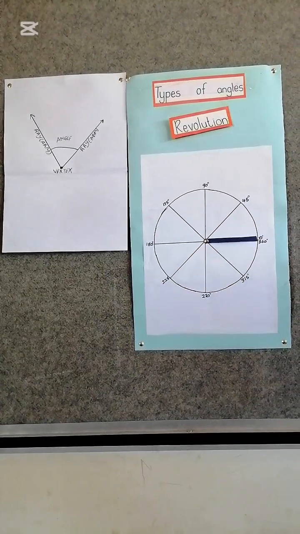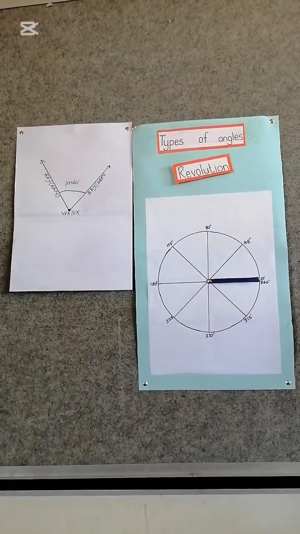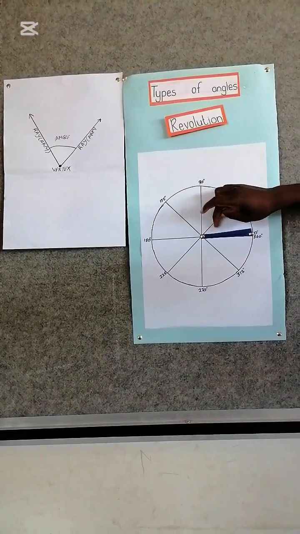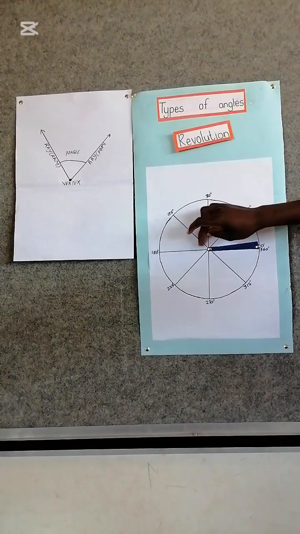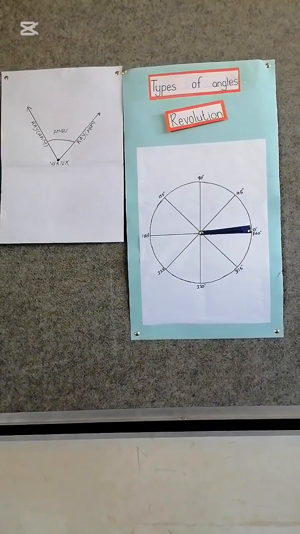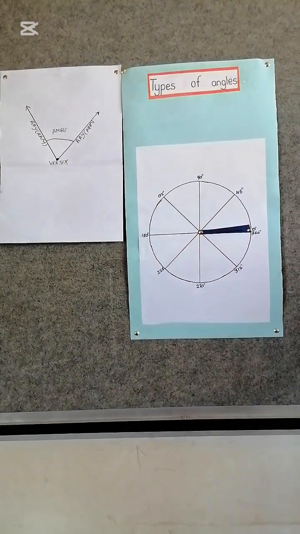To show that it's an angle that is equal to 360, we also have to demonstrate it by a line here. So that is the end of our presentation about angles.